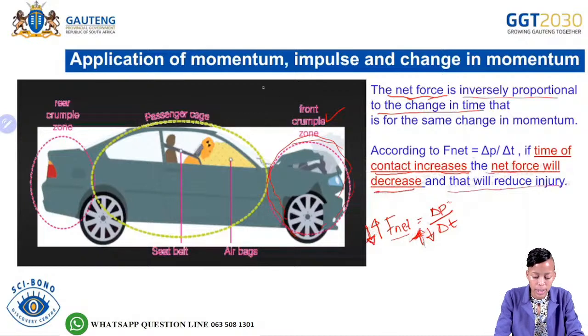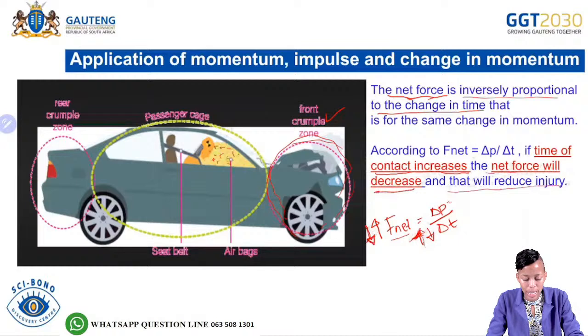Then again, we spoke about the airbags, and we said that if there is an airbag in the car, and let's say that the car was to be involved in a crash, then what is the airbag going to do? The airbag would increase the time of contact.